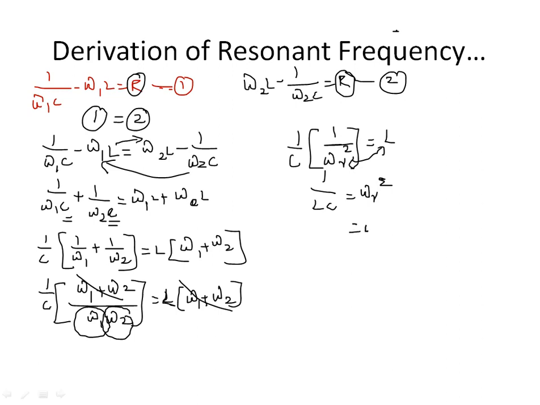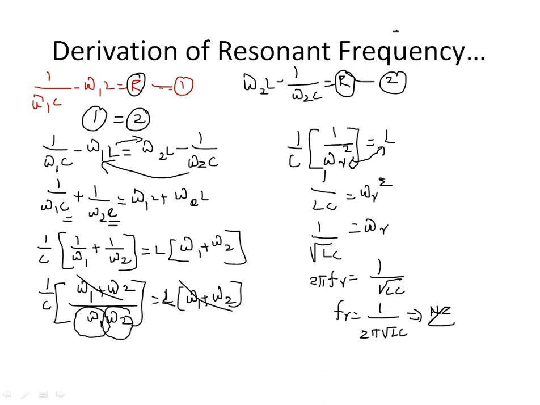So omega r is equal to 1 by root LC, that is in radians per second, or omega is equal to 2 pi fr, so fr is equal to 1 by 2 pi root LC. This is in hertz, and this is in radians per second. The unit is more important.